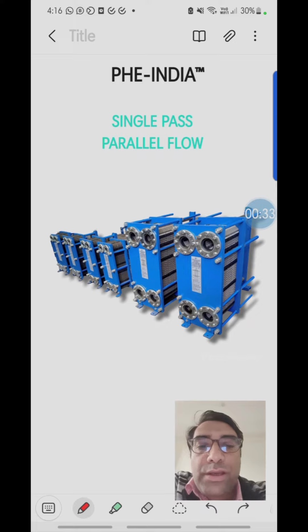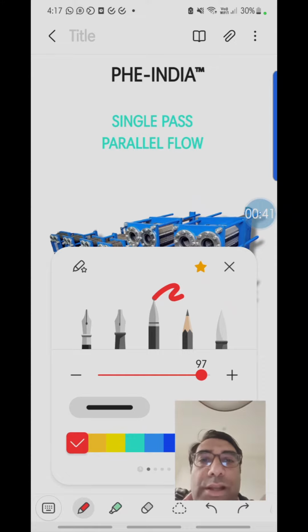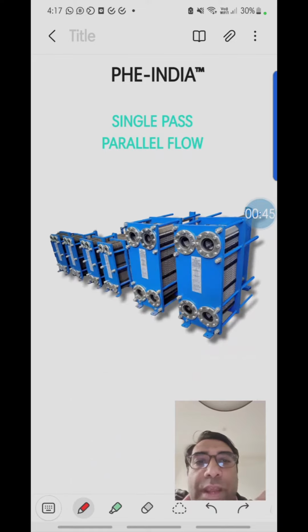As you can see, there's a photograph of a heat exchanger in front of you. In parallel flow, the liquid, the hot side or the cold side, enters and exits from the same side. So let's say this is the primary side and the hot fluid is entering the top left corner.